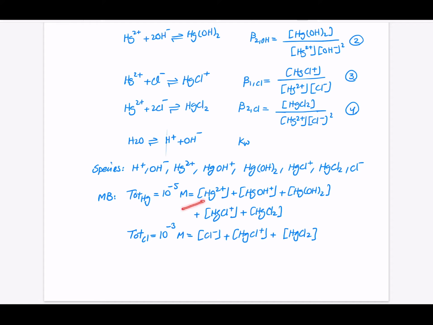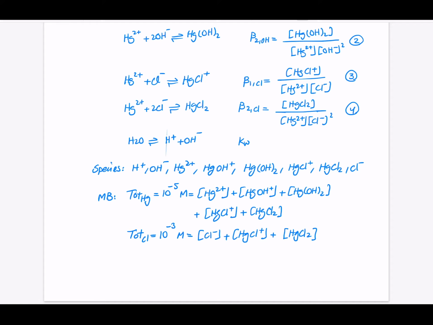One molecule of Hg2 plus has one contribution to the total mass balance. HgOH also has one. Exactly. So one molecule of HgCl2 would give me two molecules of Cl minus, or the molar ratio is 1 to 2.